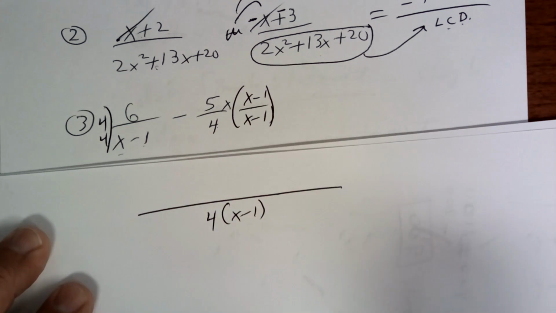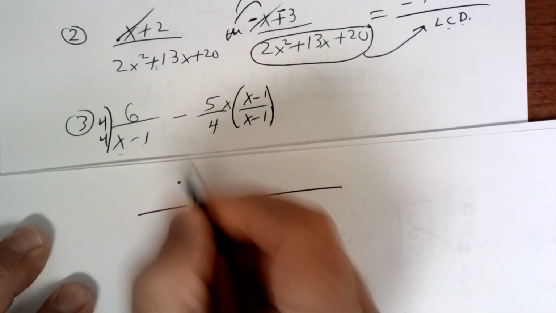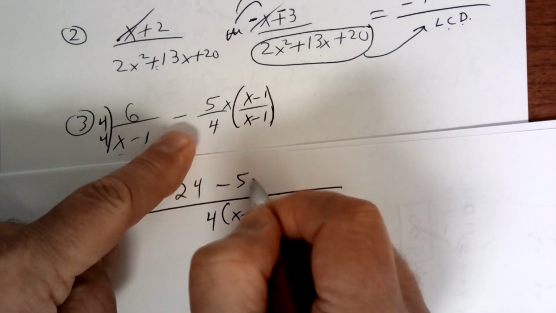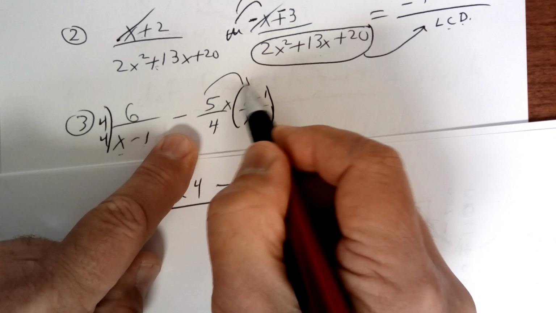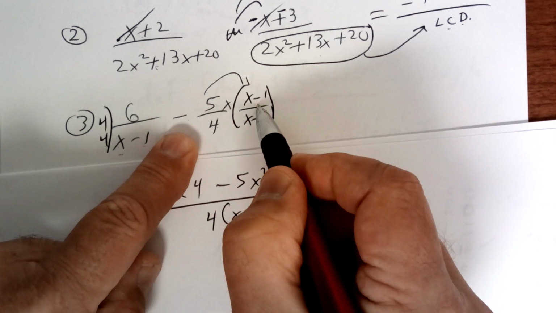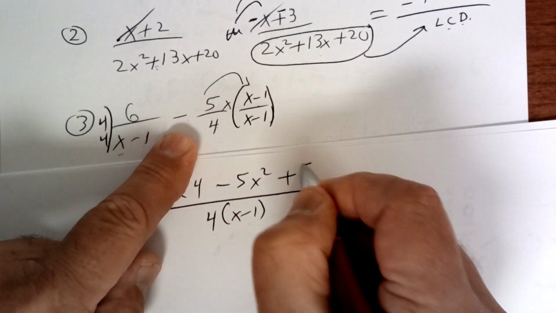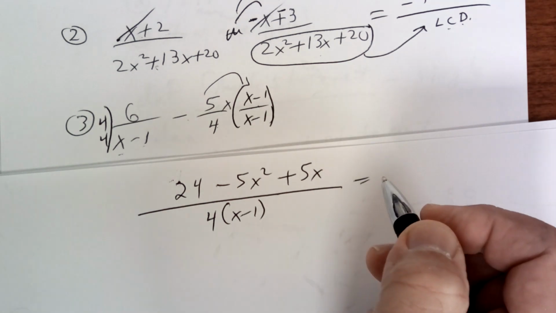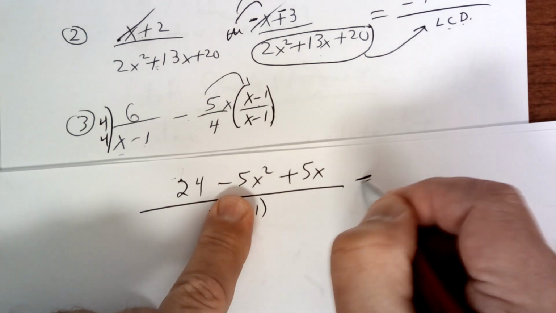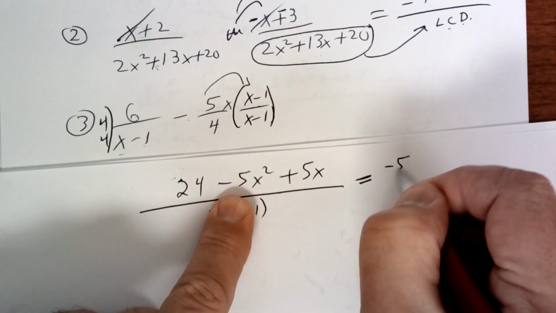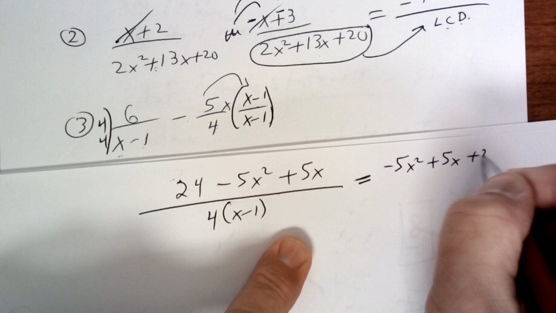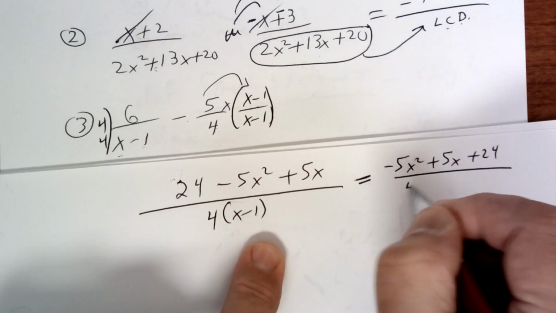So this is going to be 6 times 4, that's going to be 24 minus 5x squared right here, right? X times x. And then a negative times a negative is going to be a positive 5x. And now I'm going to combine like terms. Well, there's nothing I can combine, but I can write it in descending order. So that's negative 5x squared plus 5x plus 24 all over my least common denominator, which is that.